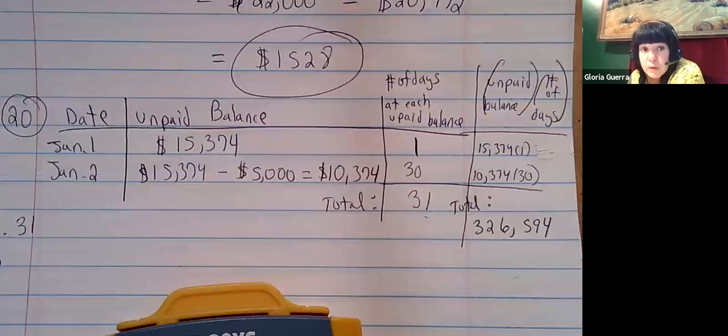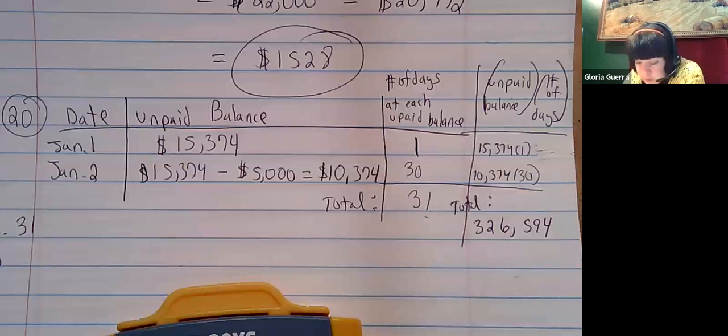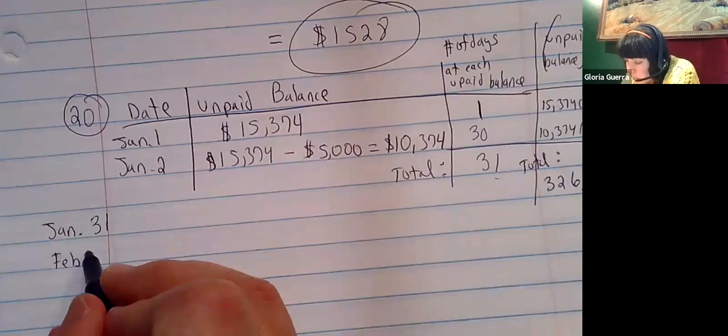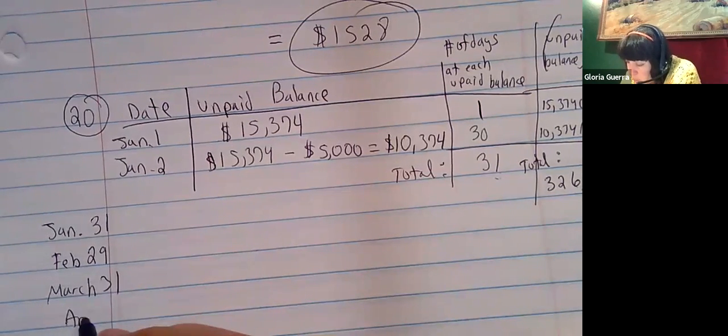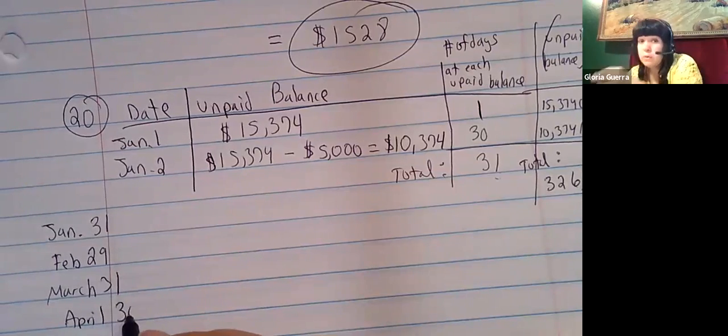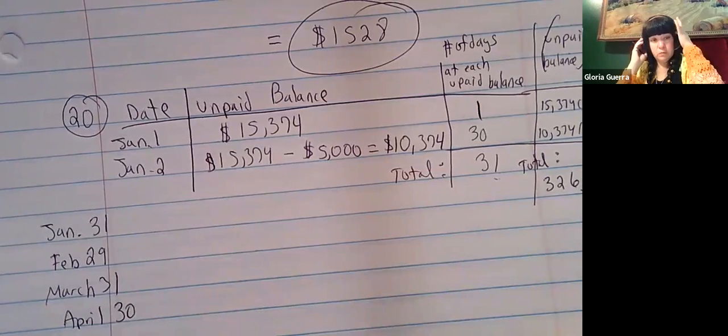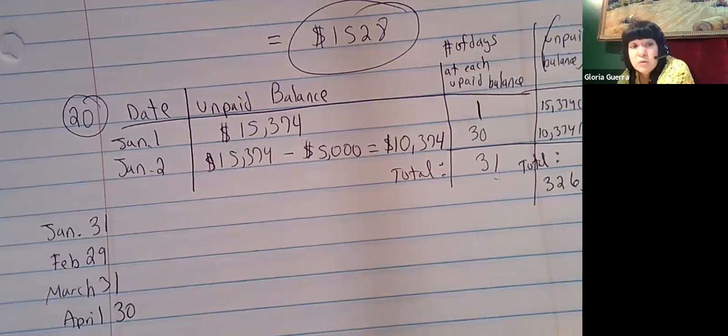All right. So January is 31, February is 29, March is 31. I don't know, we had a leap year recently, didn't we? Normally we have 28 days and we have that extra day.